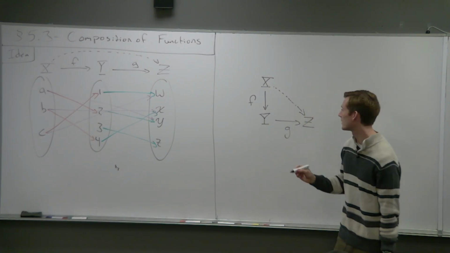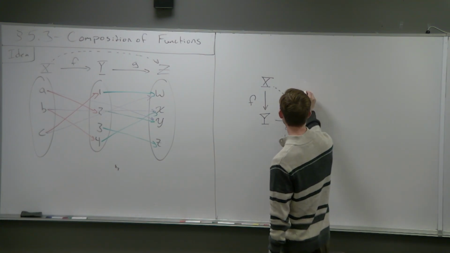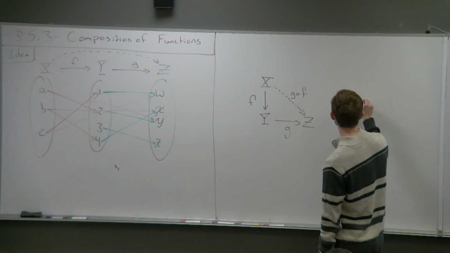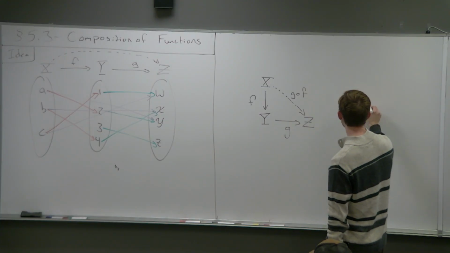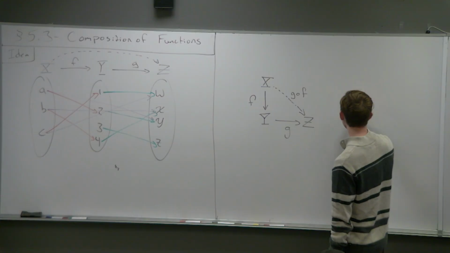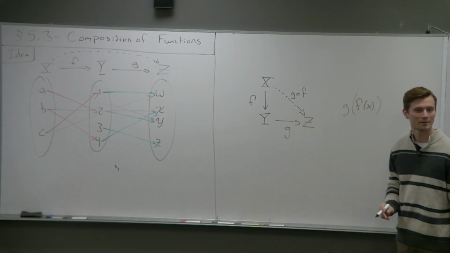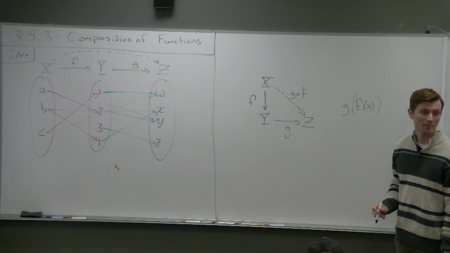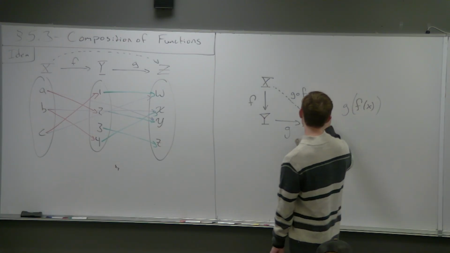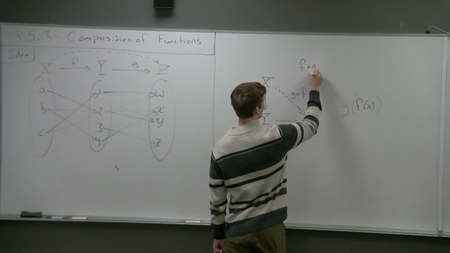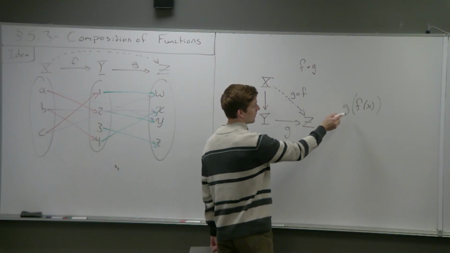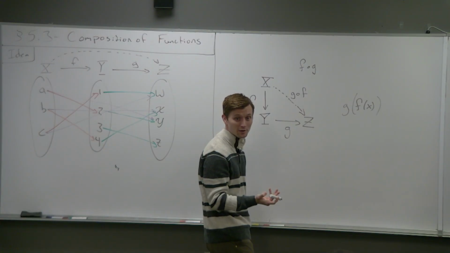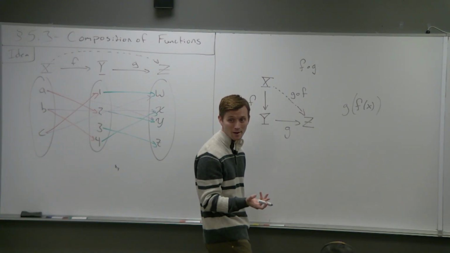Now how we tend to write this is g composed with f, since we write functions like f of x, and if we do g on the outside, it looks like this. Some people will adopt the convention of writing f composed with g to mean this, but I find that much more confusing since the order gets flipped around.